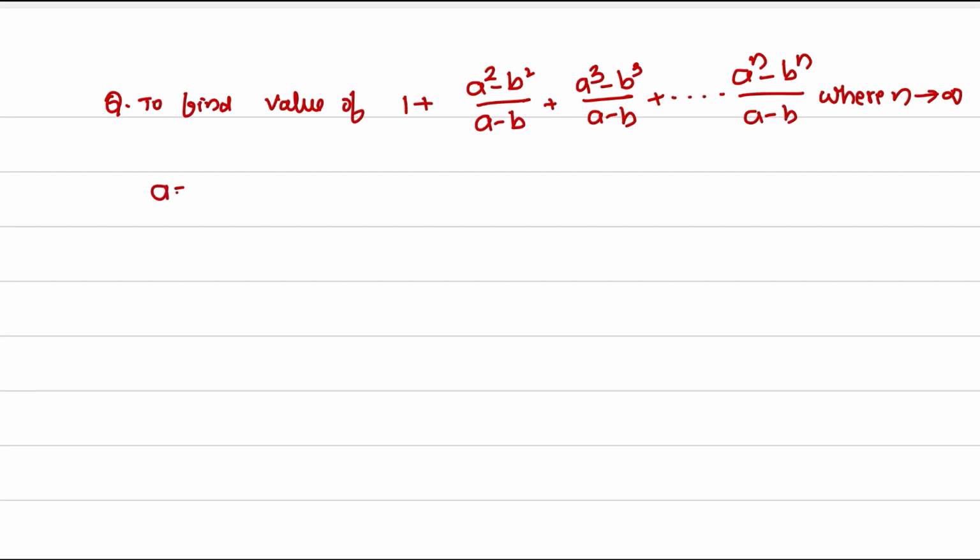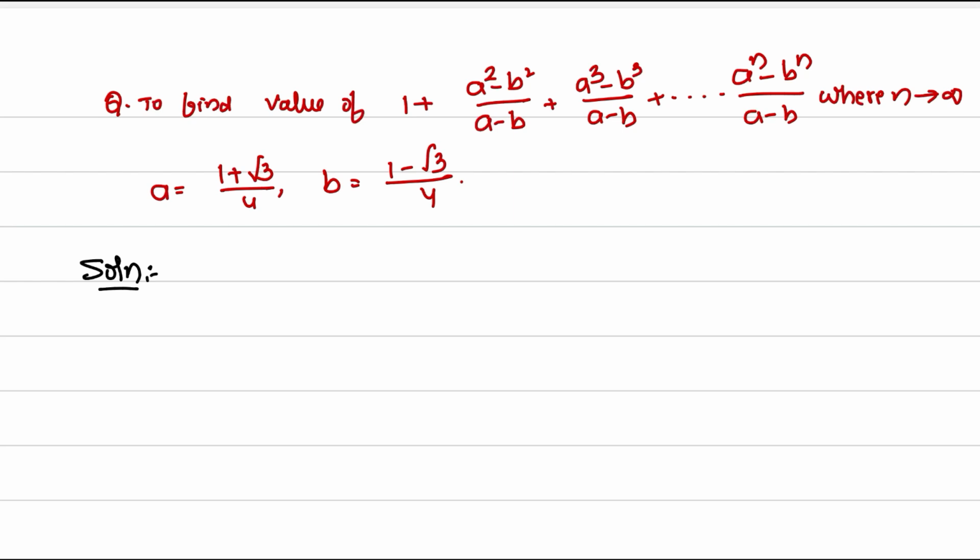Here the value of a is given as (1 plus root 3) by 4 and b is given as (1 minus root 3) by 4. Let us try to find the solution. Here, as I told previously, the value of 1 can be written as (a minus b) by (a minus b).